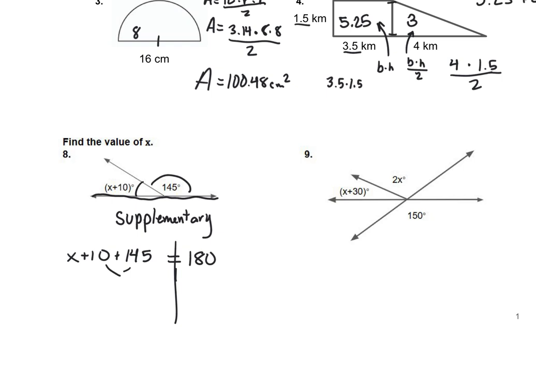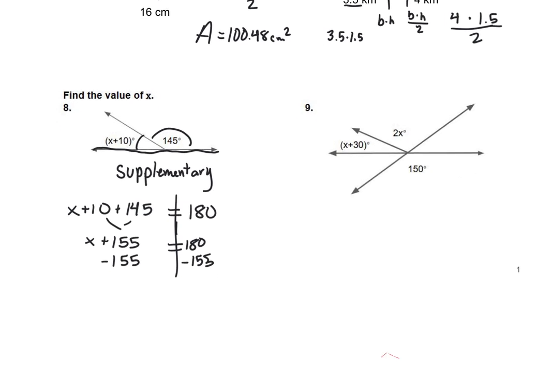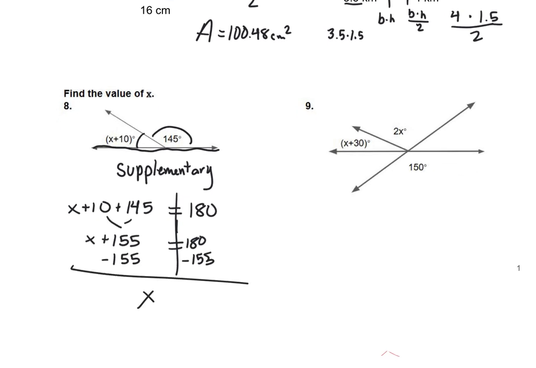Combining like terms here, 10 plus 145 is 155. We're going to add back everything I didn't touch. Now to get x by itself, I see plus 155. I need to subtract 155. After I do that, I'm left with x is equal to 25.